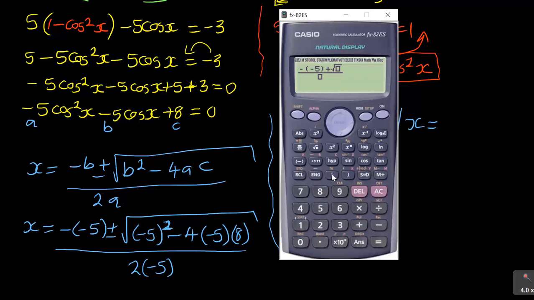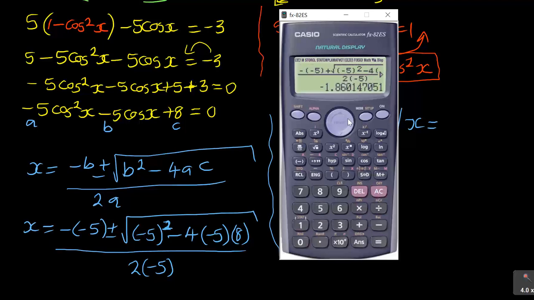If you're using a calculator, you don't have to do this twice. Minus, bracket minus 5, squared minus 4 into minus 5, that's the a, and then my c is 8, over 2 into negative 5. So this was the first one that I got.